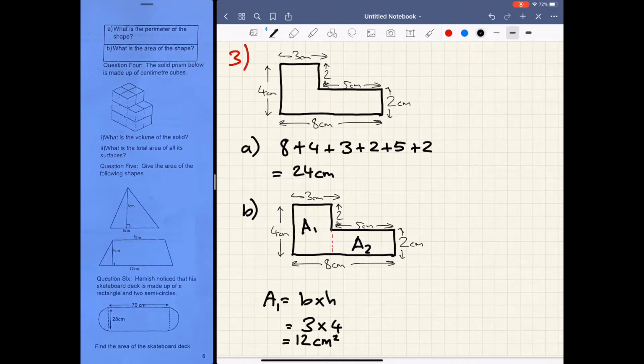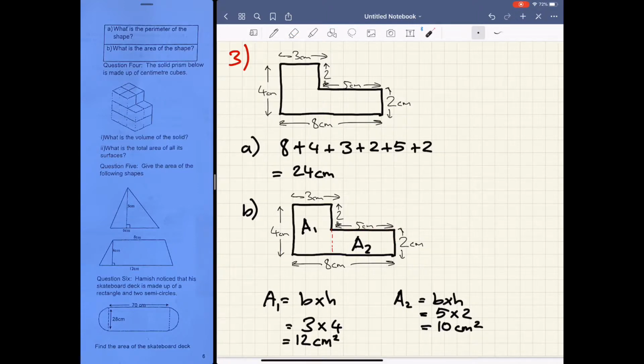So what's the area for the second rectangle? Area 2 equals base times height, which equals 5 times 2, right? Which equals 10 centimeters squared. That's basically 5 across and 2 down.